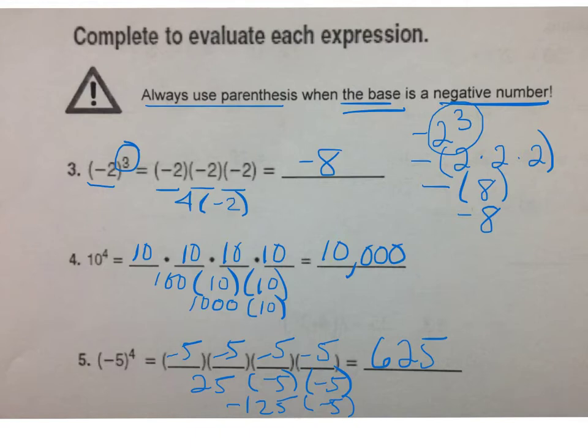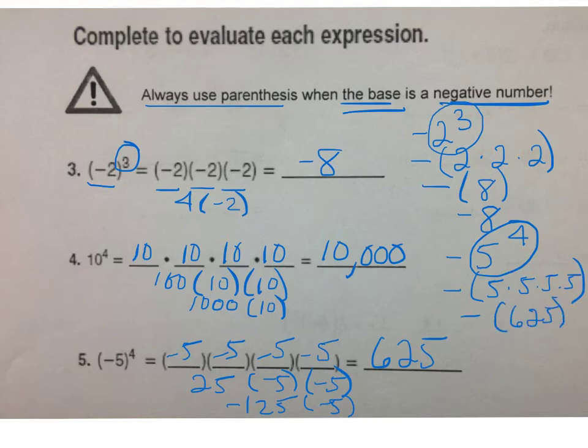But now let's look at example 5. Negative 5 to the 4th. If we write that without parentheses, that means we're going to take the base of 5, take that to the 4th power, and then apply the negative, which means we're going to take the negative of 5 times 5 times 5 times 5. We're going to take the negative of 625.